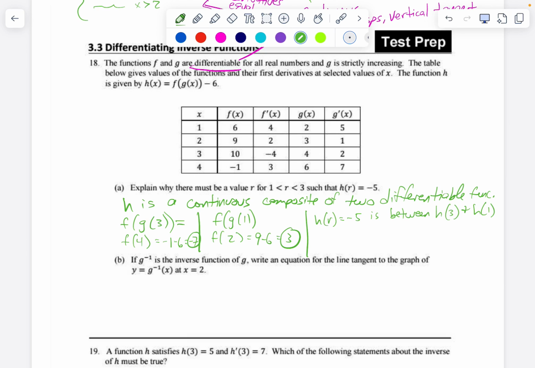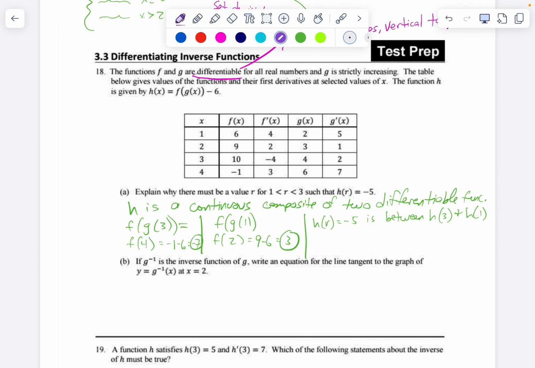Now we've met all the conditions of the IVT, but they're very explicitly shown, right? So there's no messing around, like trying to hope that we got it. So we can say according to the IVT, how do you finish that off?